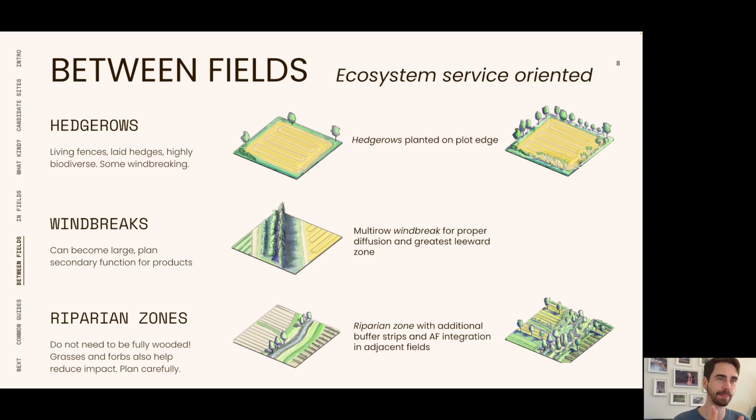And I think the last thing about this slide about between fields is that these systems offer a lot of wildlife corridor creation and other kinds of beneficial connectivity and networking in your fields, but also then regionally in your part of Finland. So we start to look at these as the linking bits.